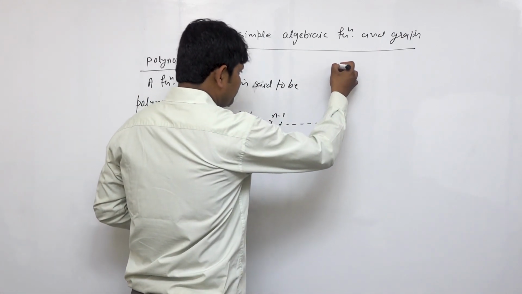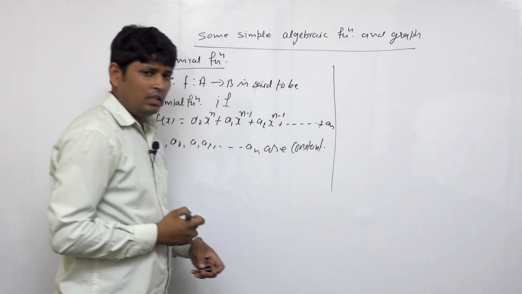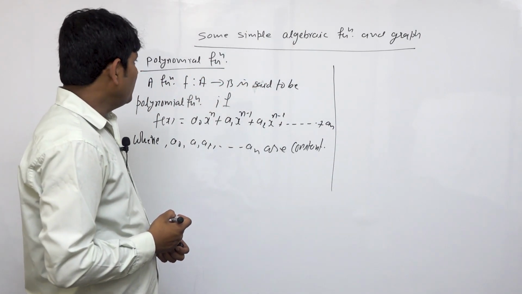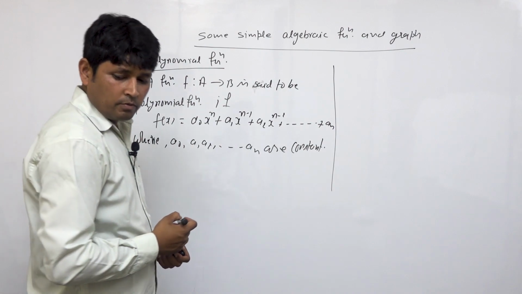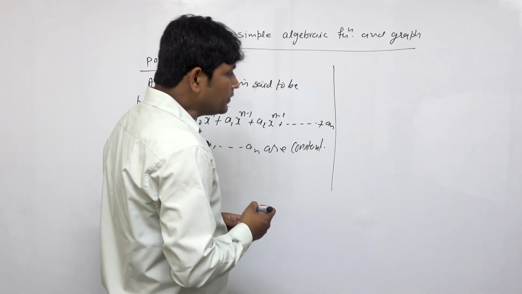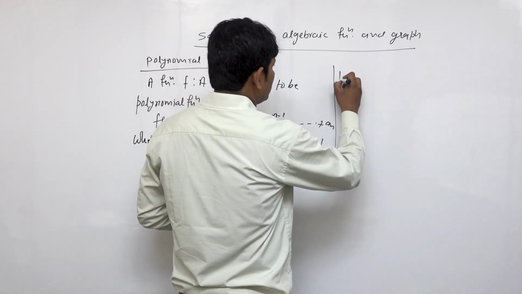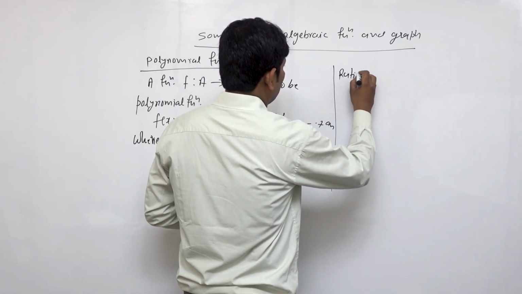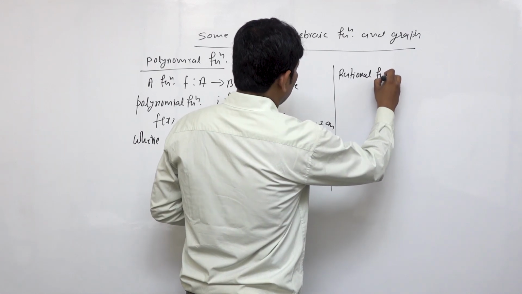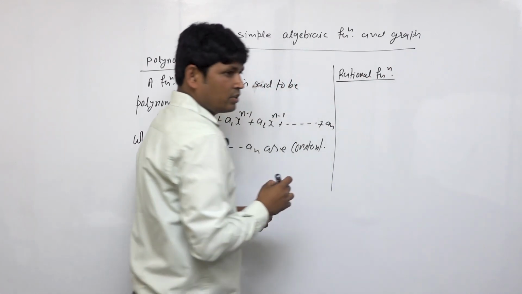Now after the polynomial function, there is the absolute value function, but before that, there is the rational function. What is called a rational function?